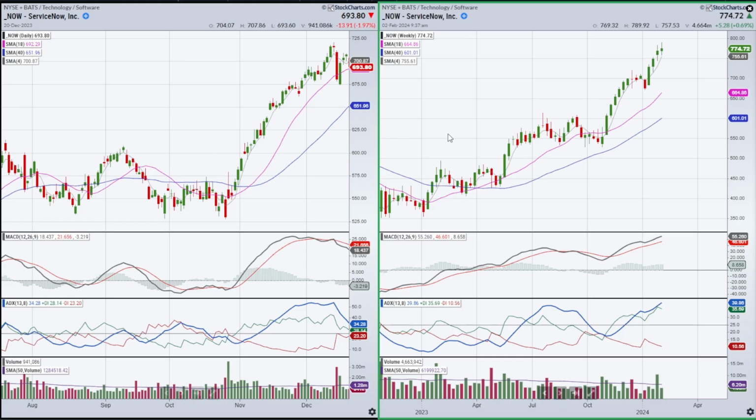Okay, so now I have ServiceNow up, and I've got a weekly on the right and a daily on the left here, and I want to focus in on this pullback. Again, we'll just do a quick review from last week. What we're looking for is a trend where the 18 is above the 40, both lines are rising. I prefer to have them have sort of a parallel look to them and get a pullback on this time frame. Now, on the lower time frame, this pullback here is this pullback on this time frame.